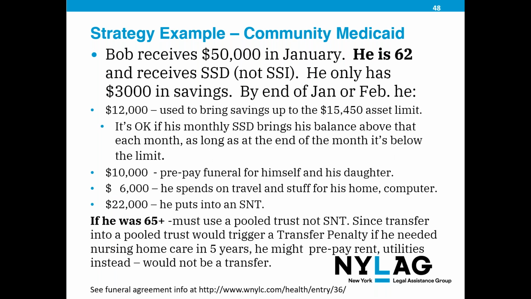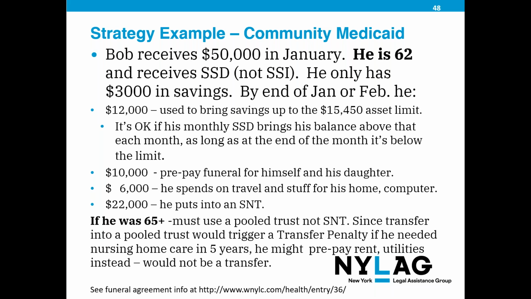So here's an example of how he might use a combination of strategies. So he receives $50,000. He's 62 and receives SSD. Let's assume he's on Medicaid and he only has $3,000 in savings.